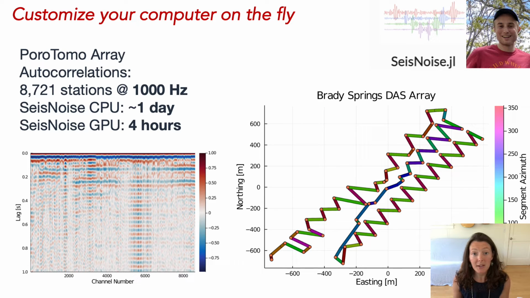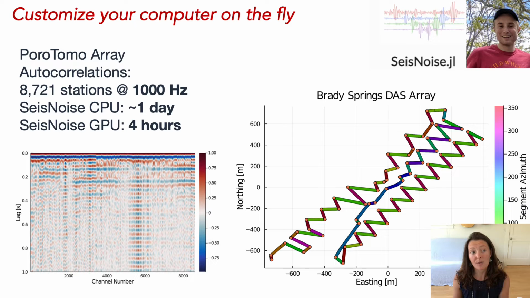This nice heterogeneous computing facility allows us to test things like cost and time. It's always the trade-off. Tim, a graduate student who just finished his PhD, developed a nice ambient noise seismology code in Julia, and tested the autocorrelation of 8,000 channels of a DAS array recording at 1,000 hertz.